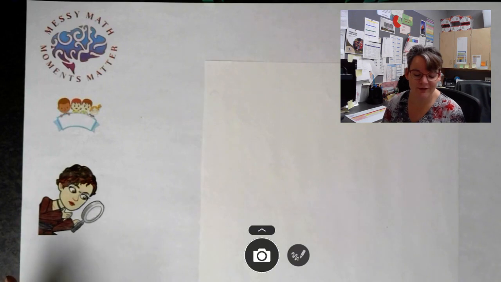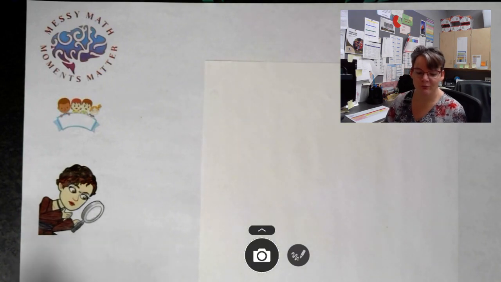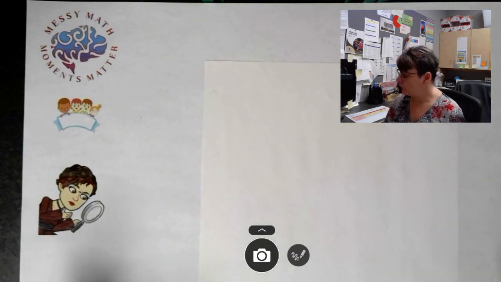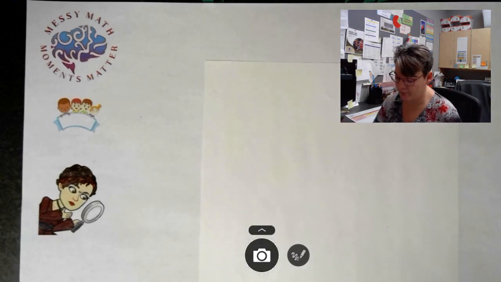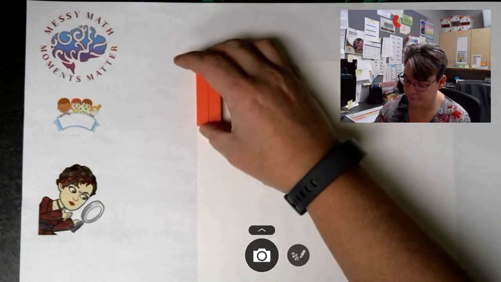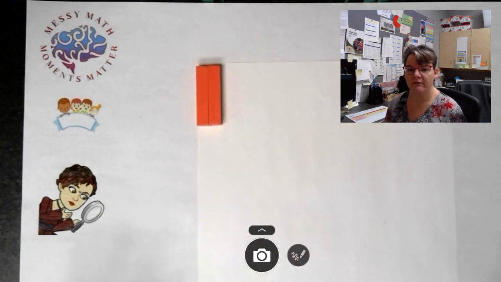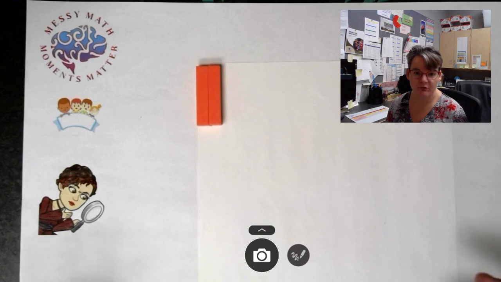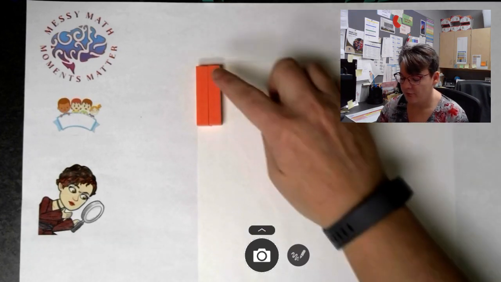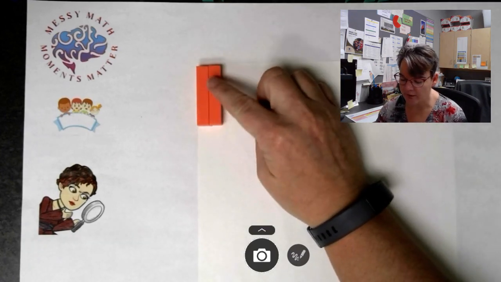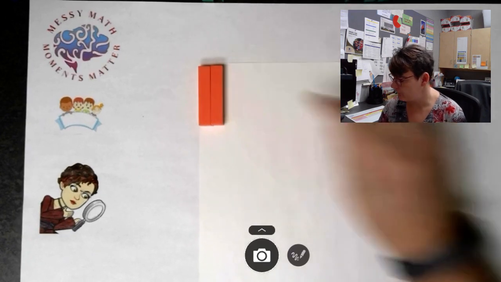The third experience that I would use for students to explore their background knowledge would be to give them something like this one. And I would ask, what division statement does this represent? So they could say, well, there's 10 altogether, and I've divided it into fives.